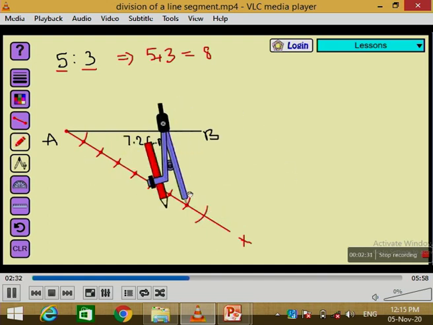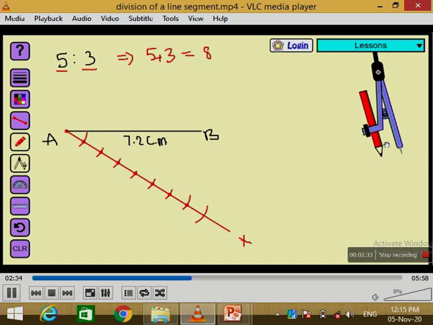Now, keep your compass aside and name the points A1, A2, A3, etcetera, up to A8.